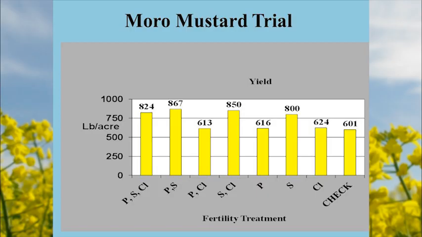It's sulfur. Every treatment that had sulfur responded. Now, these aren't really great yields, except if you know Morrow, that's pretty good yield, right? And this is just 10 pounds of sulfur. So we're getting about a 250-pound yield boost with 10 pounds of sulfur at Morrow.